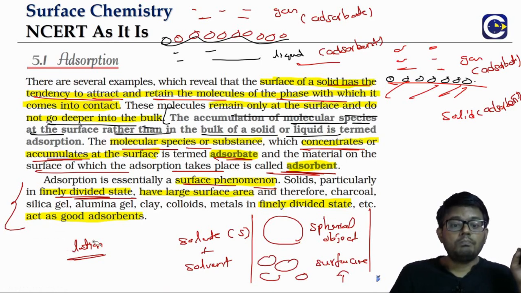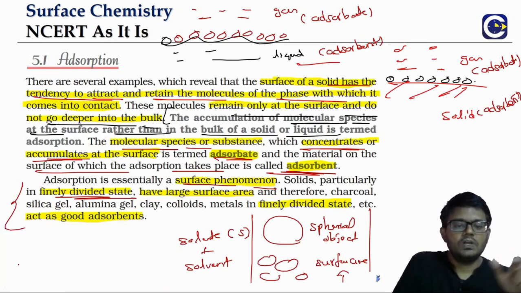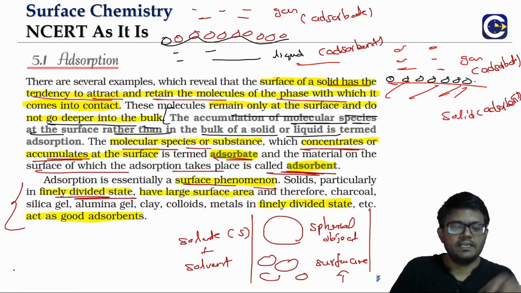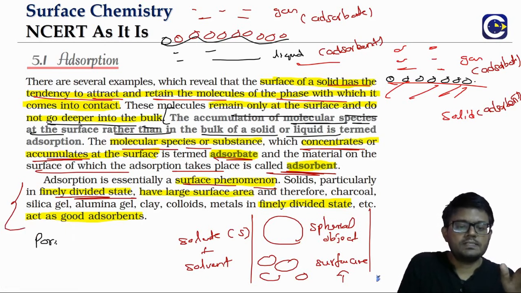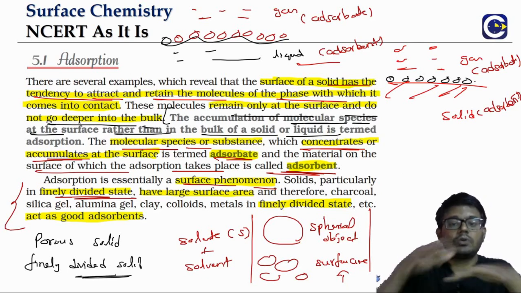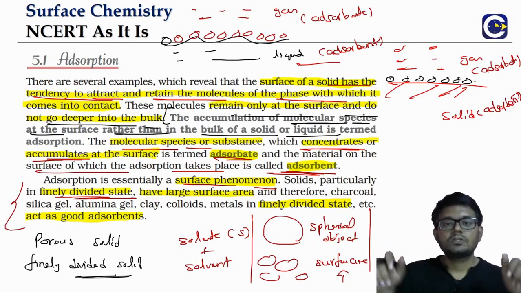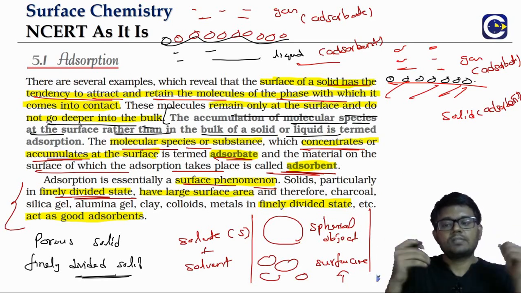If you have a porous solid, it means you will have fine holes on the surface. Or if we finely divide the solid particles, then we will be able to achieve a higher surface area. So a porous solid or a finely divided solid will be able to give us a larger surface area. So larger surface area will give us better adsorption.